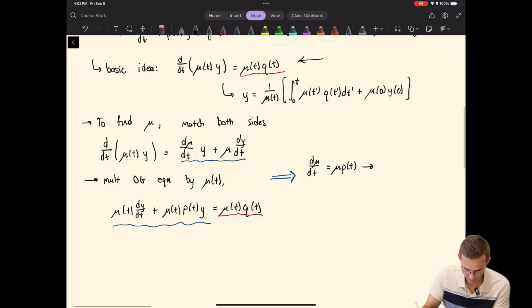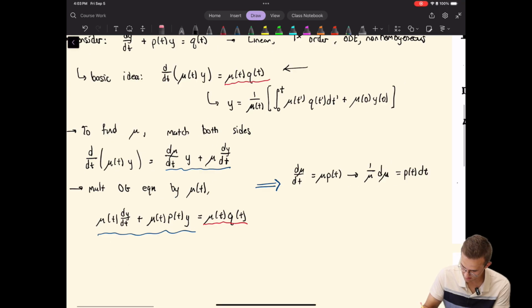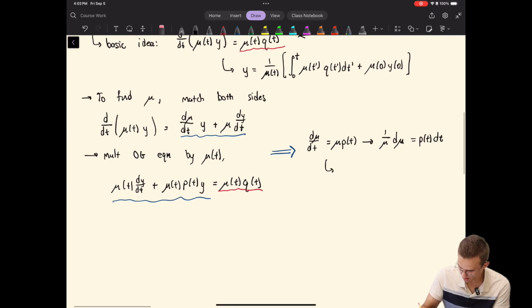which we can then separate: 1 over mu d mu is equal to p of t dt, and thus the natural log of mu is equal to the integral of p of t dt, or you can write that mu is equal to e raised to the power of the integral of p of t dt.